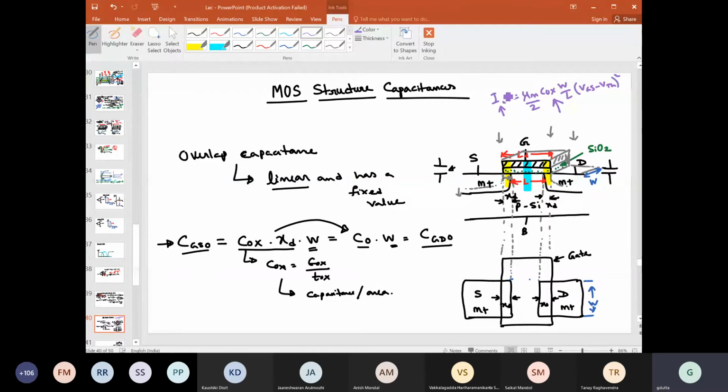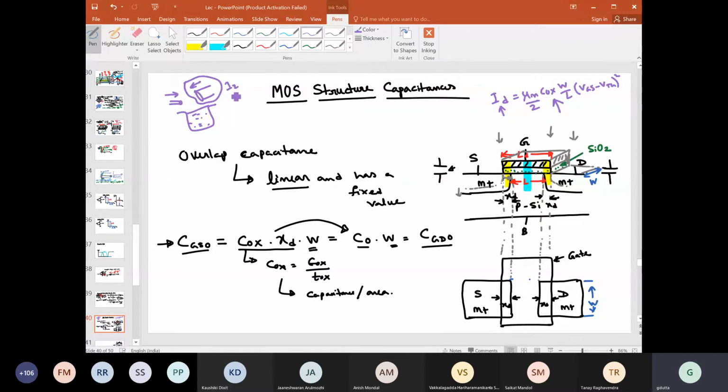Why do we need ID higher? We need ID higher because yesterday we have discussed: think about two same buckets. You are filling the same bucket with 2 pipes, right? One has a thinner diameter and the other has a thicker diameter. It means here the current is more, right? So the time it will take to fill this complete tank, which is basically a capacitor, will be less in the case where the I is higher, right?